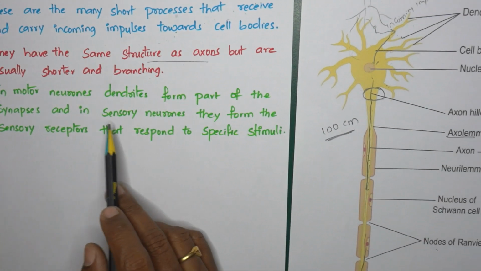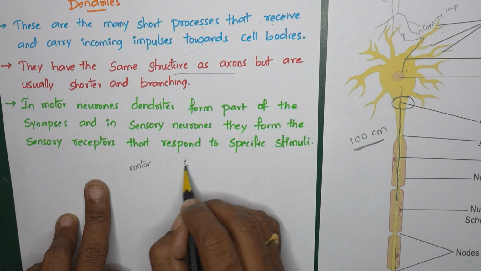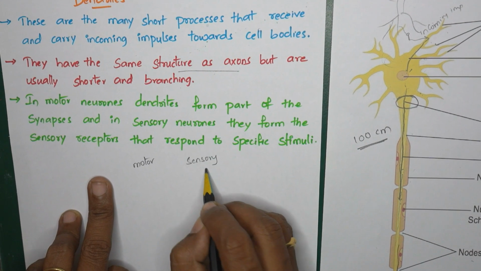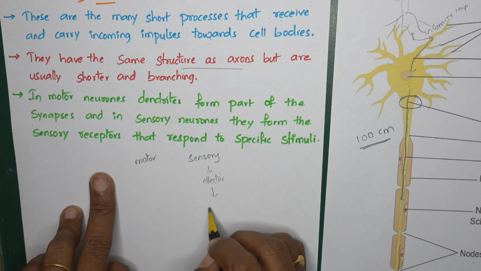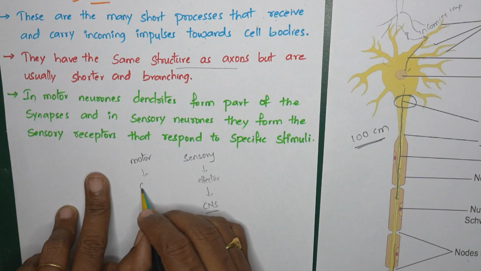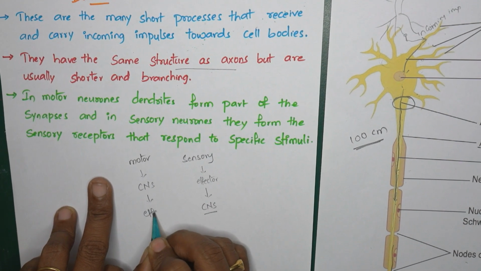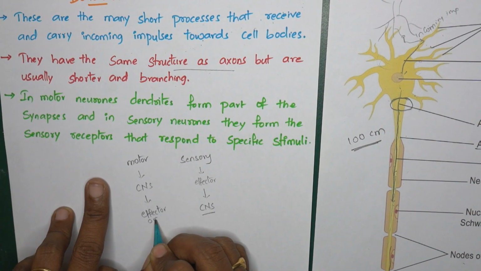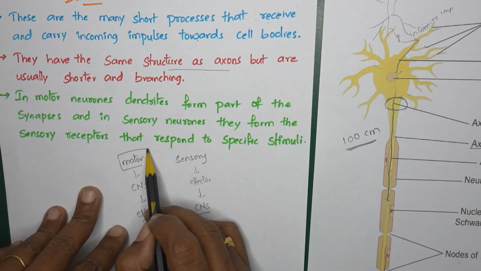And in motor neurons, you know what is the importance of the motor and the sensory? Sensory is nothing but receiving the impulse from the effector organ and sending it to the brain or the CNS. Motor is nothing but, after analyzing the impulse, the CNS sends the impulse to the effector, and meanwhile we respond accordingly.